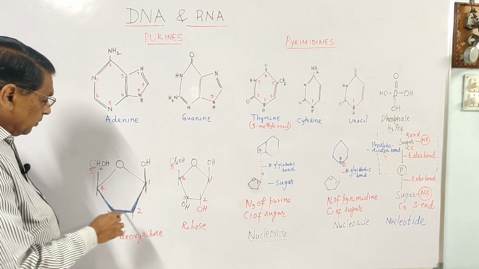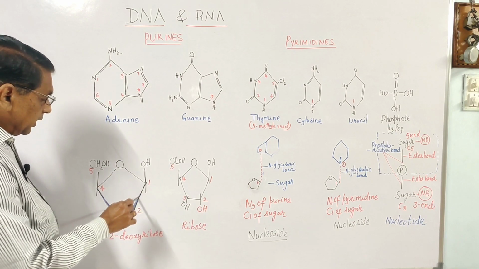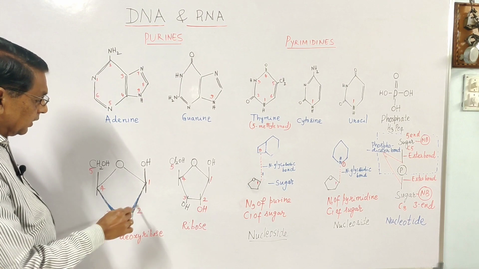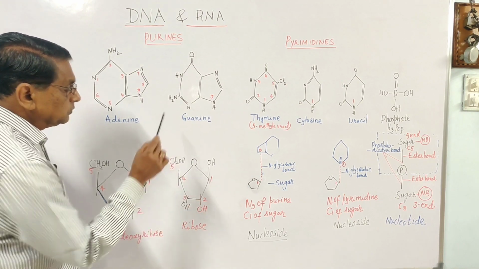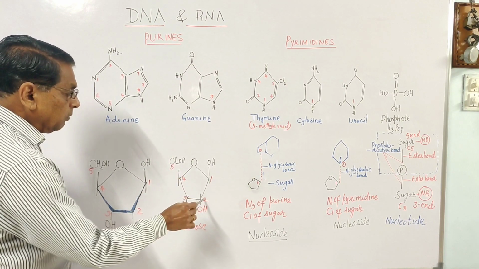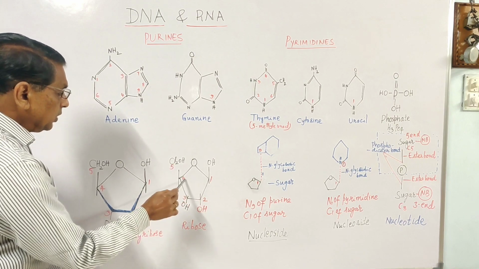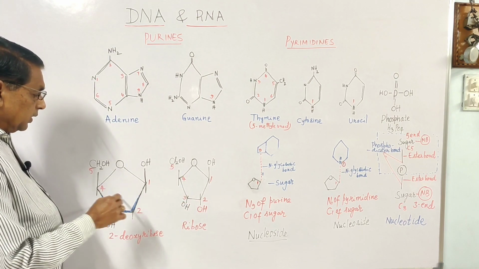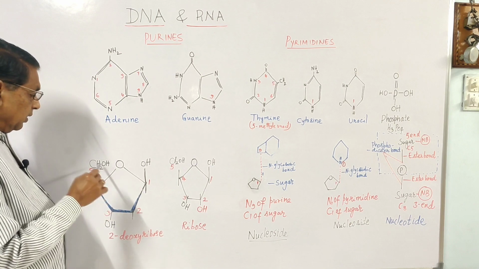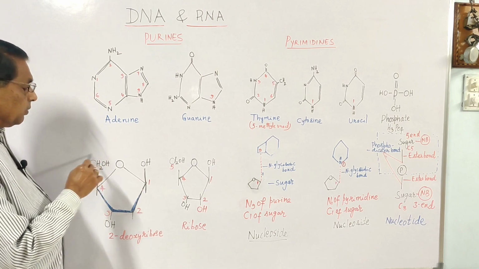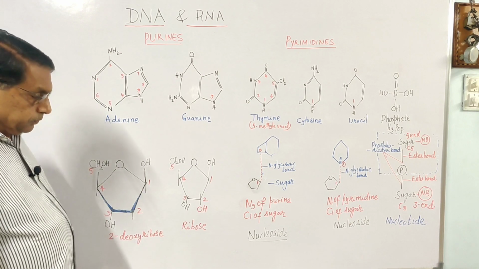These four make a ring-like structure, and it will be a boat-like thing. The four carbons, 1, 2, 3, 4, are within the ring, but the fifth position carbon is outside the ring.